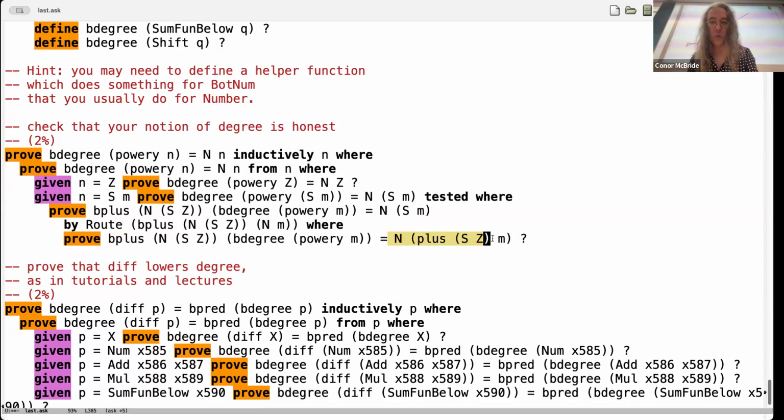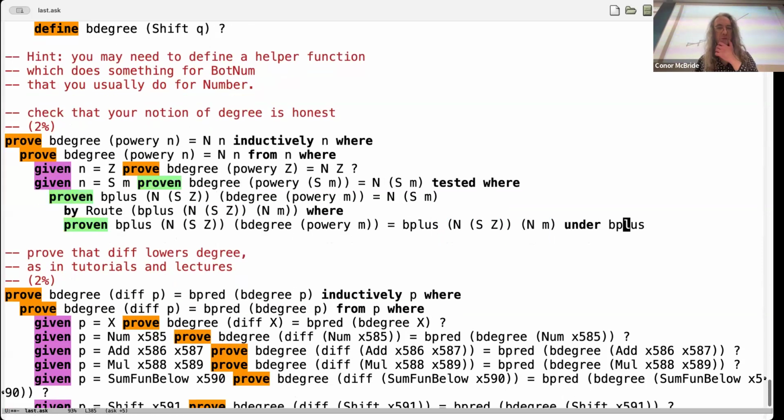So what we want is for this to be true. That's the point: this computation actually happened. But if we undo it, then it becomes possible for us to say under B plus to finish the proof, getting into the state where the induction hypothesis was usable.